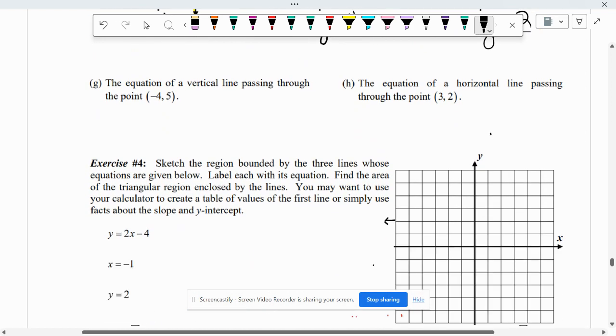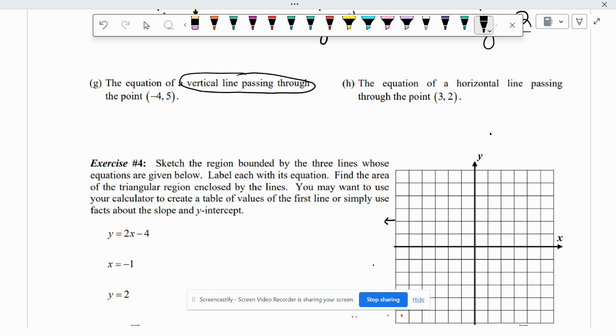The equation of a vertical line passing through this point. So we have a vertical line. Suppose that you can't remember if it should be X equals or Y equals. What if you were to just make a sketch of your X and your Y axes, and then draw a vertical line? That'll tell you that your line is passing through what?